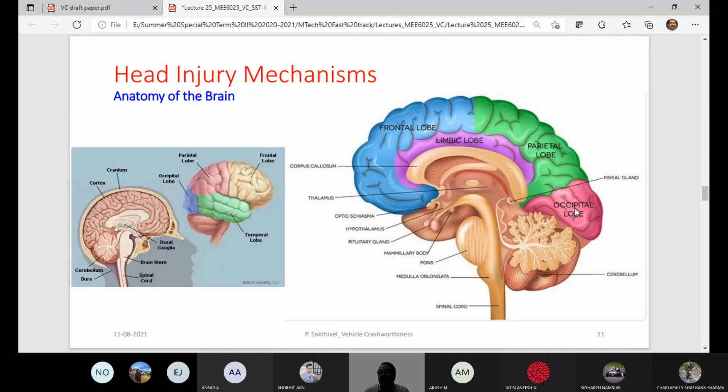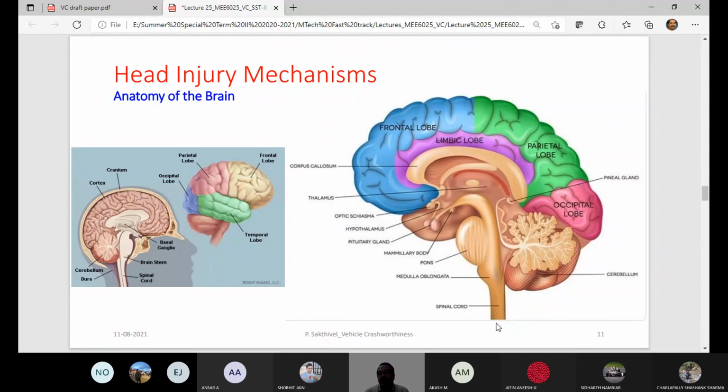A portion, the temporal lobe, is taken out to see the inner detail where you could see the limbic lobe. This is how you have different parts of your brain.